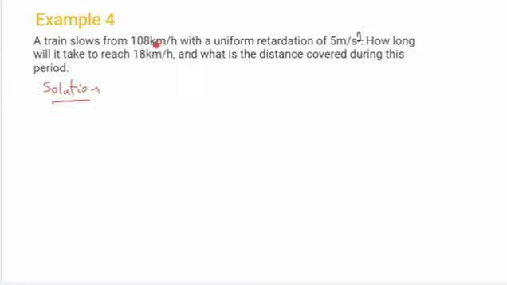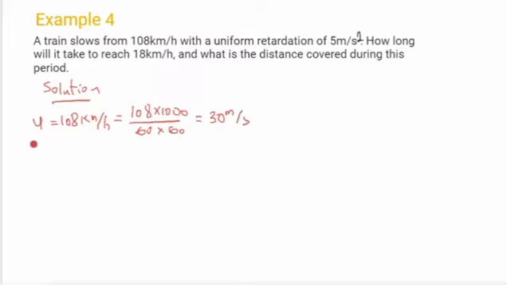It slows from this velocity, so that's my initial velocity, 108 km per hour. We need to convert it to meters per second. To convert it, multiply by 1000, divide by 60 times 60. This will give us 30 meters per second.